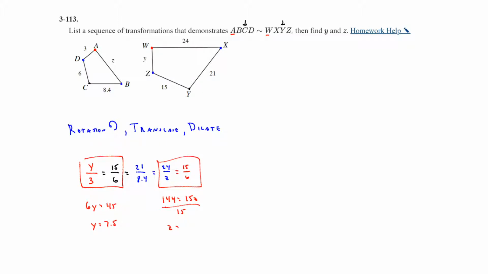And 144 divided by 15 is 9.6. So those were the two unknowns, 7.5 and 9.6. And then to look at the ratio, if we take 15 divided by 6, that's 2.5. So when we dilate it, going from the first to the second, we would dilate it by a zoom factor of 2.5. And I think we have answered all the questions on this one.